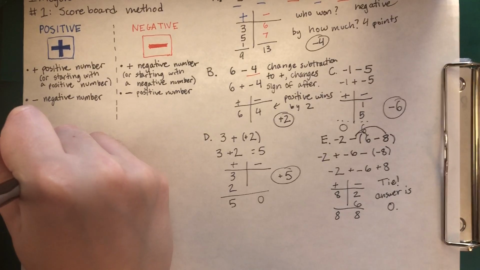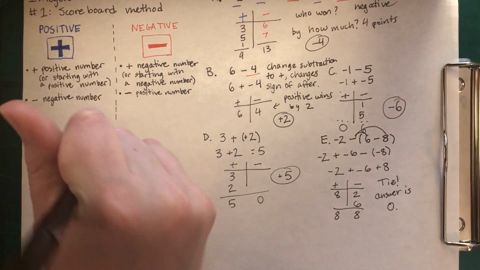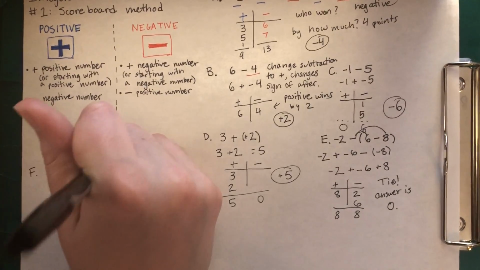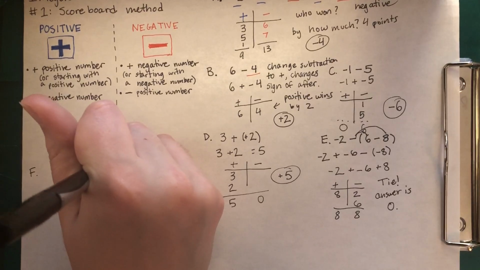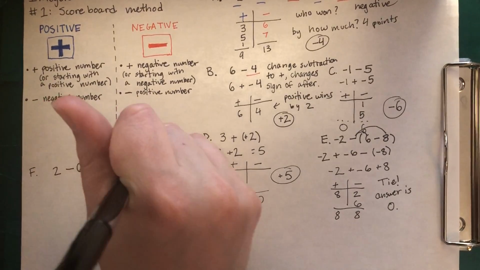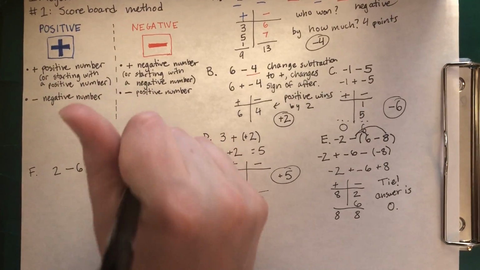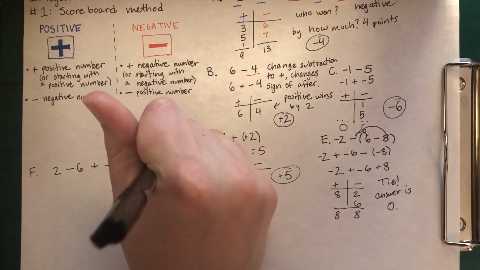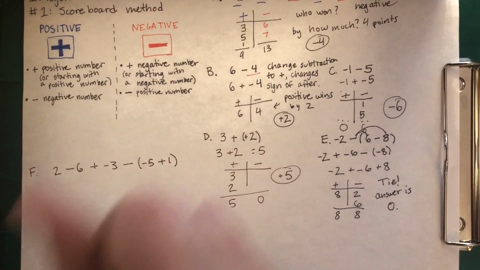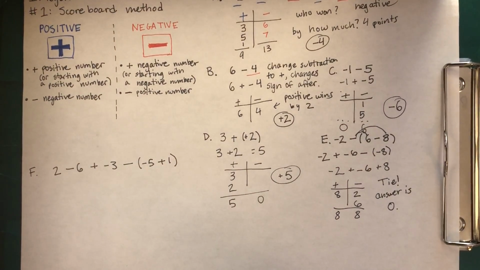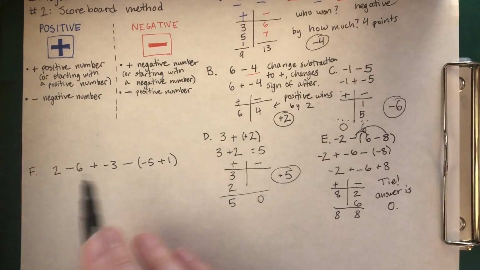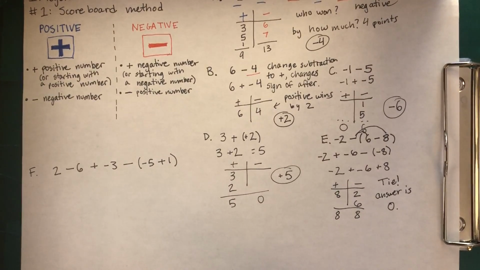That's like 2 minus 6 plus negative 3 minus negative 5 plus 1. Okay, so let's try to figure out which team each of these things belongs to, and then we can add up the score.